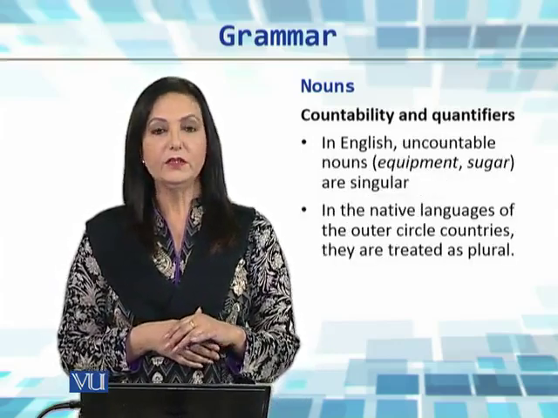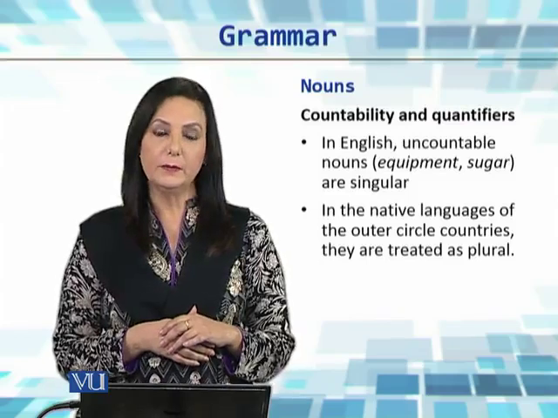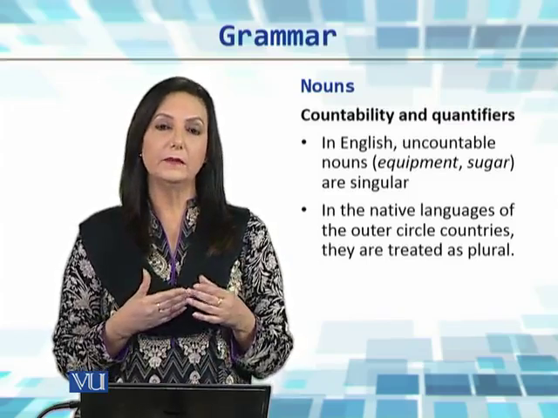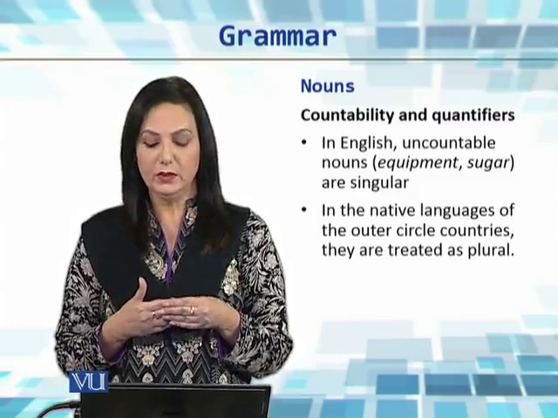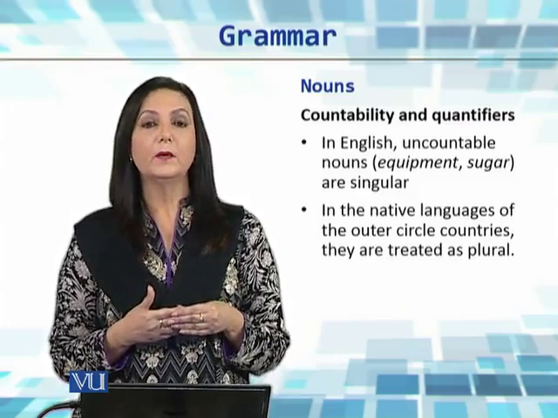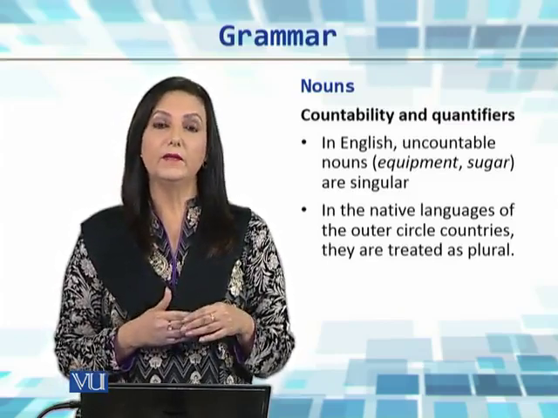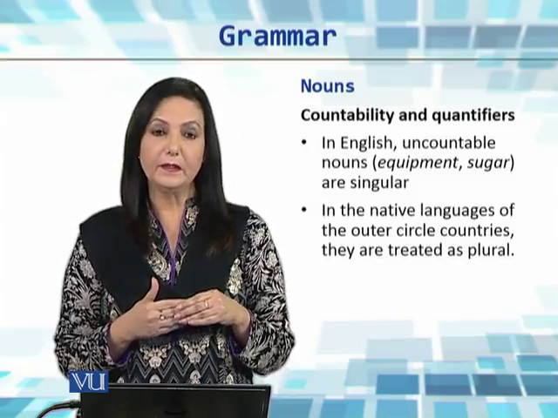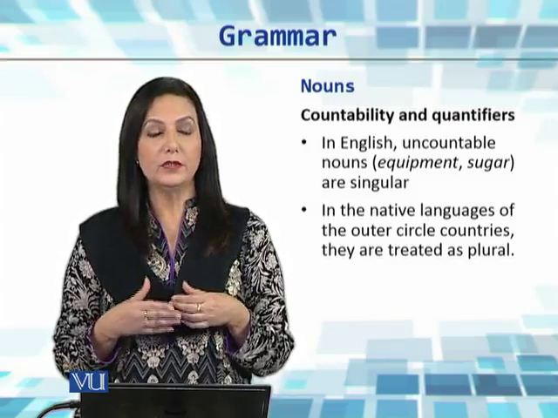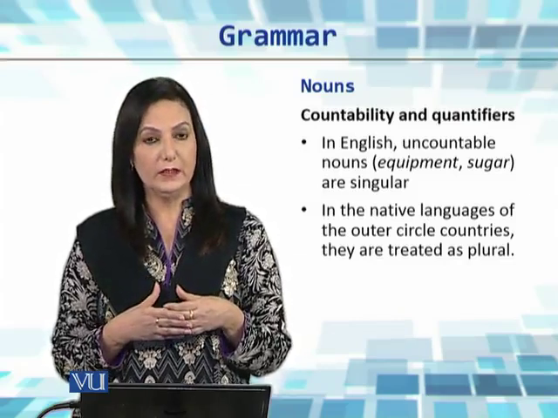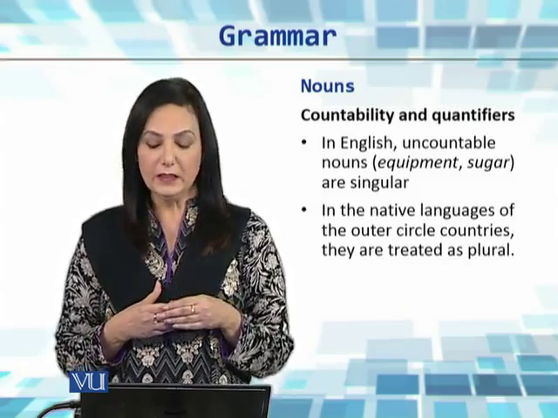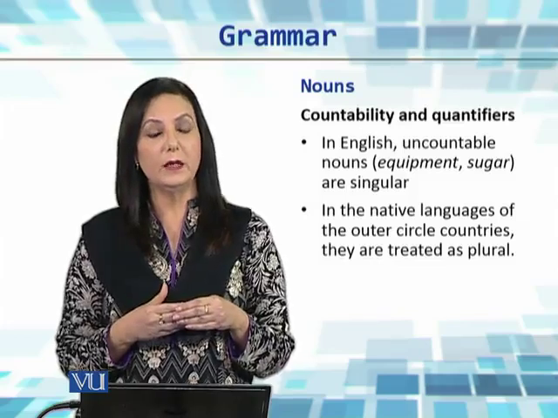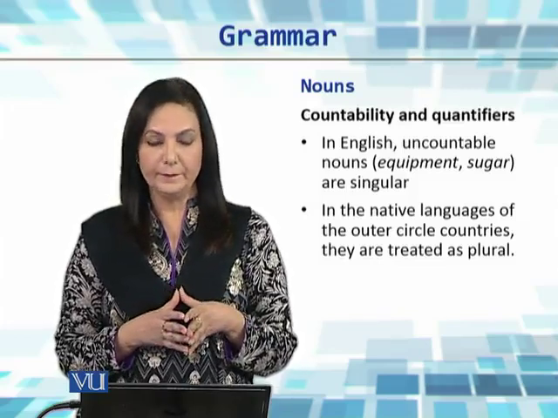So in English, uncountable nouns like equipment, information, sugar, they are all singular. However, there are many languages in the world, the native languages of the outer and expanding circle users of English, where these uncountable nouns are plural.